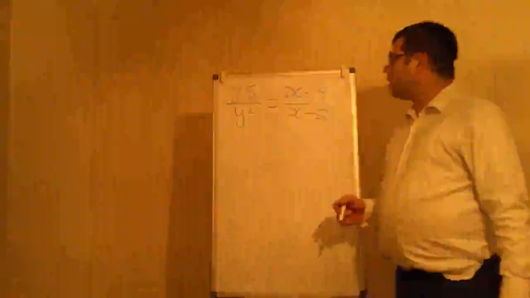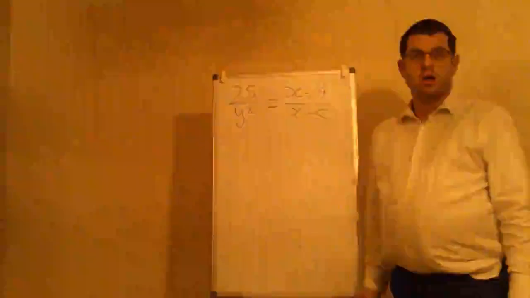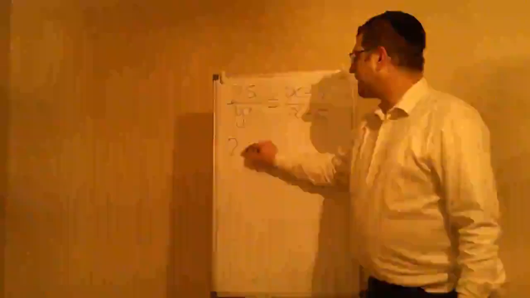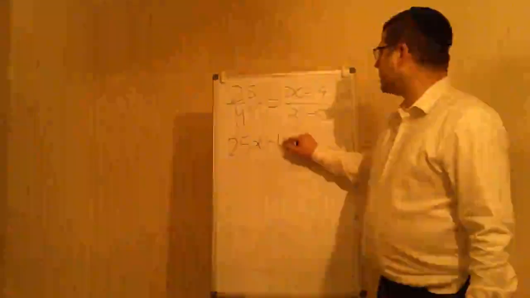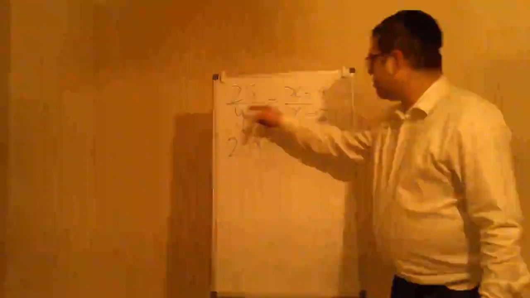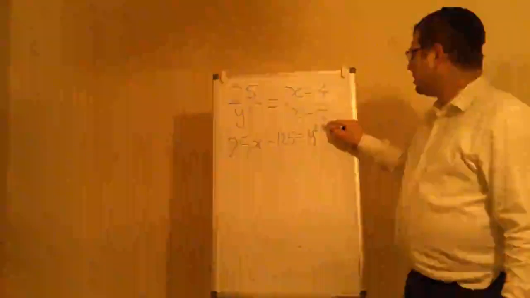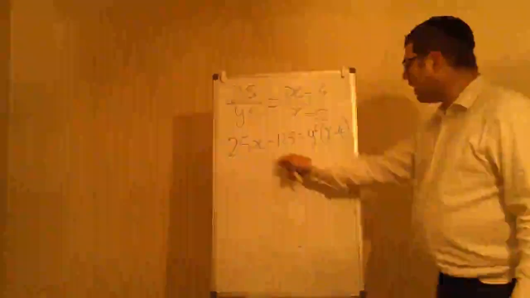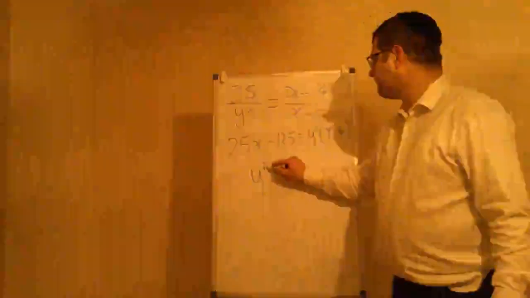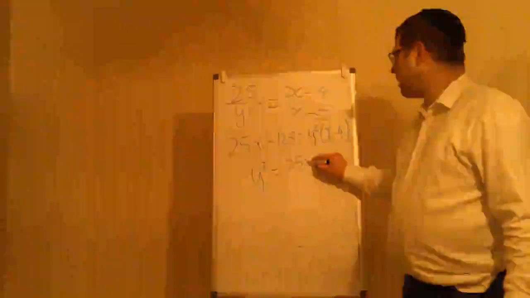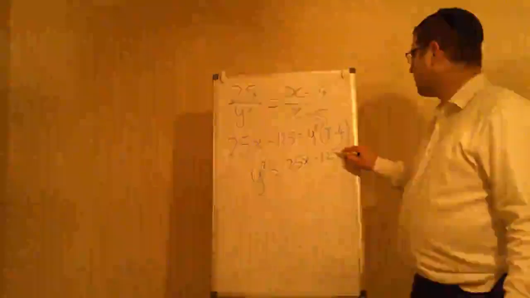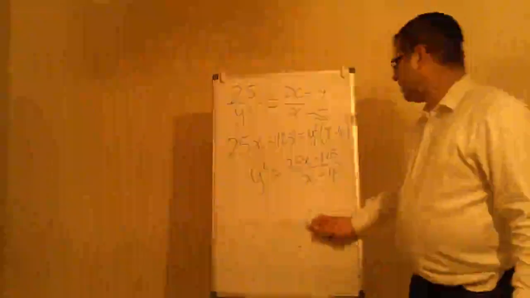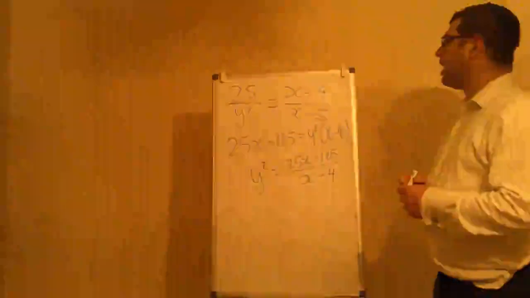And now we just need to cross multiply and finish this off. So if I multiply this by this, we get 25x minus 125, bring the y squared up, and then divide by x minus 4, and there we go.